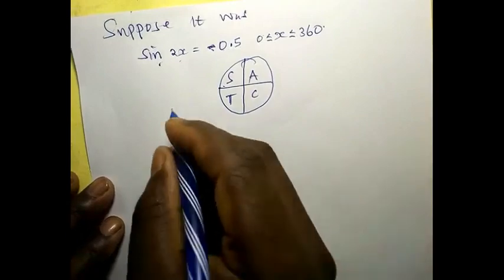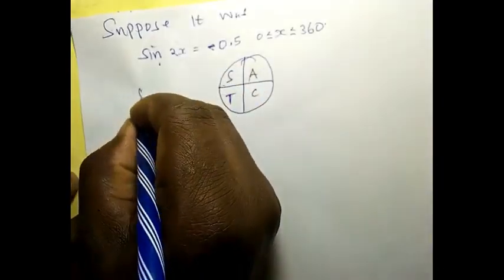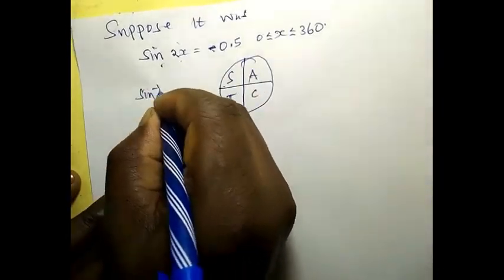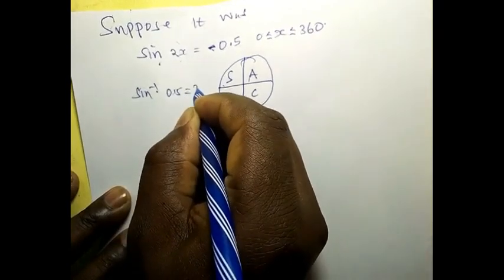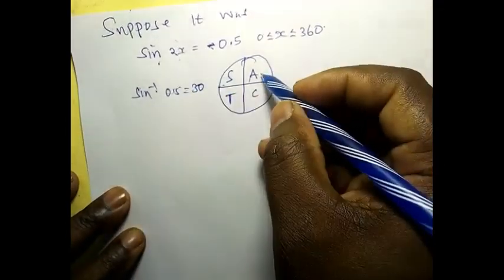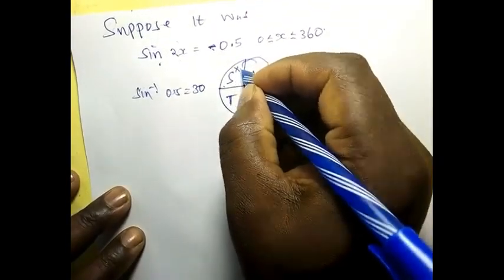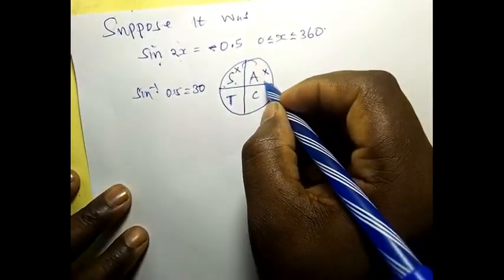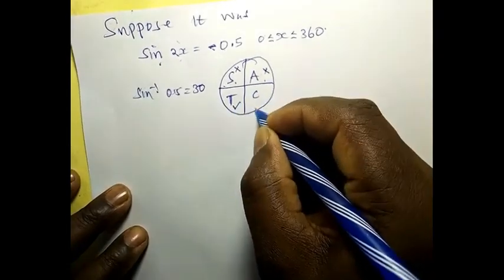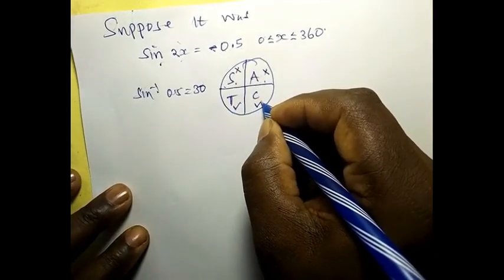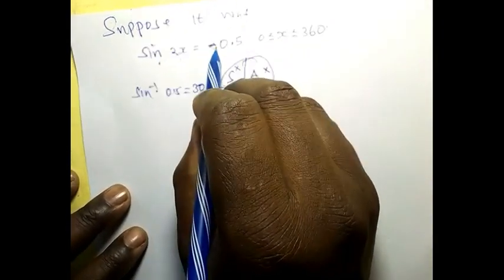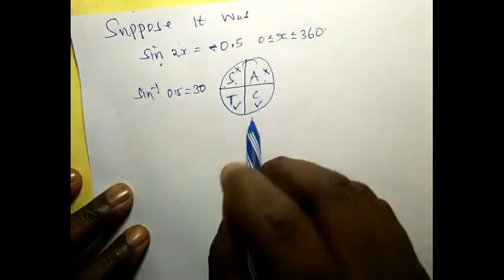First, what you do is sine inverse 0.5, which would be 30. So it means that the angles we want are not found here. They are not here because here sine is positive. Therefore, we want the angles here. That is the information the negative is giving us.